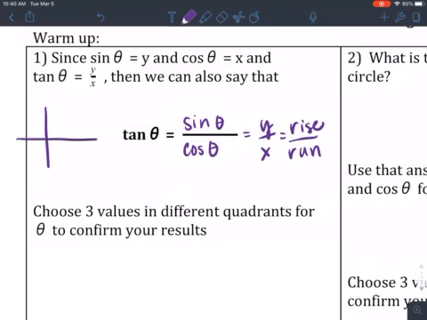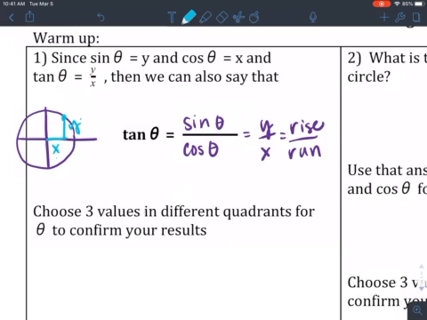If we look at it on the unit circle, this point right here, I would be moving over x and up y. So this would be my y and my x, okay? And that's the tangent, so the opposite over the adjacent.